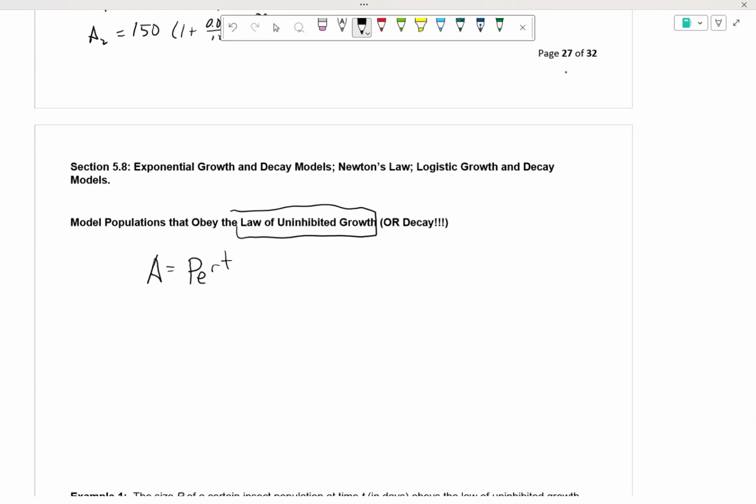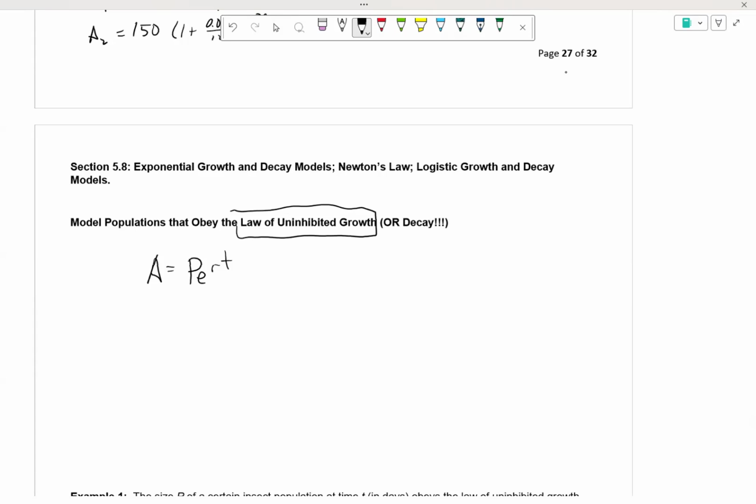Have you already memorized that? Fantastic. So this model is called the law of uninhibited growth. This means something is growing without hindrance, and there's some sort of growth rate happening. It's not like it grows once every year or every 2 years. It's constantly growing, just like that money does when we divide that growth rate by infinity to get that e value.